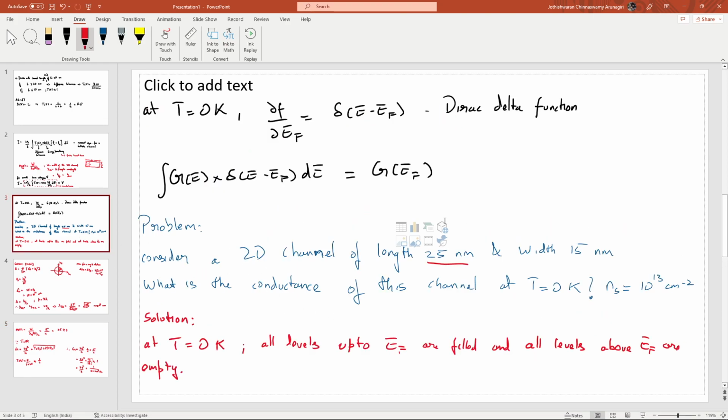Initially, very little information is given: you're just given the length of the channel, the width of the channel, and the number of electrons per unit area. Sometimes, instead of this, the total number of electrons might be given, so pay attention to that. If the total number is given, then you know the length and the width, just divide by the area to get the surface carrier concentration.